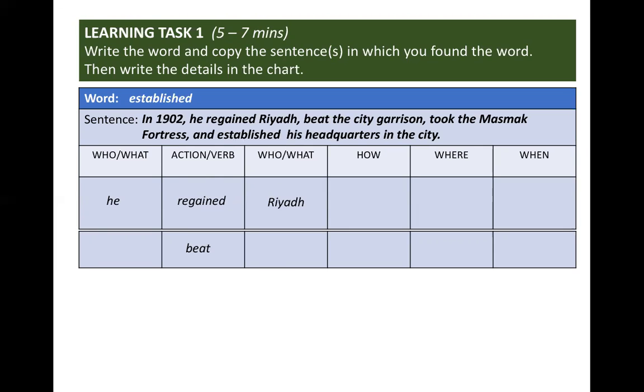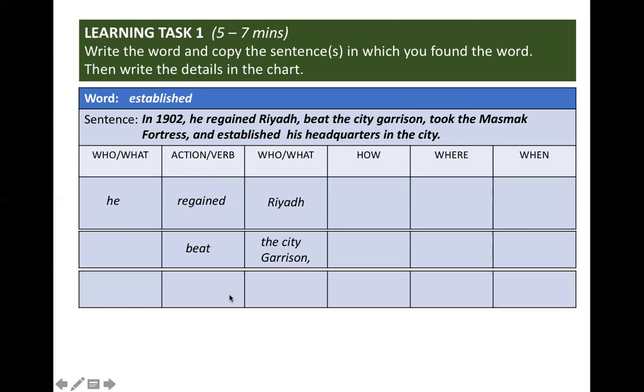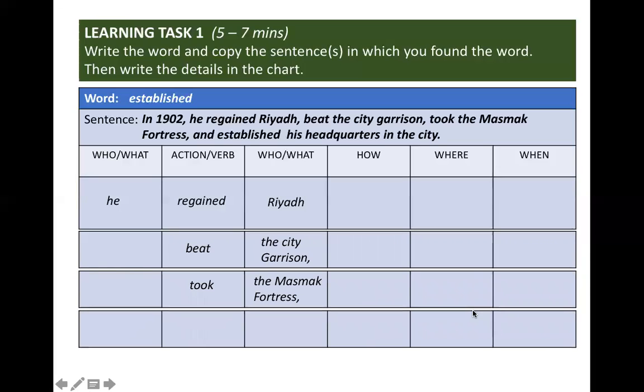Beat what? The city garrison. Okay. Then we put another one and say took. Took what? The Masmak fortress. That's not a where. What did he take? Not where did he take it. What did he take? The Masmak fortress. And finally, established. Established what?